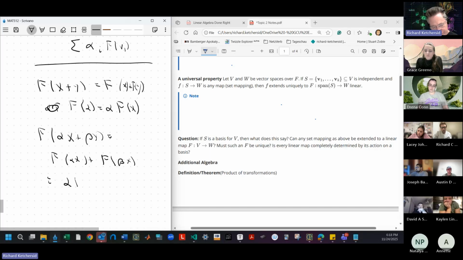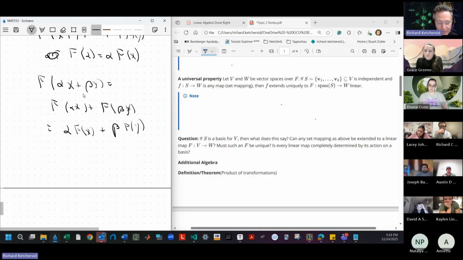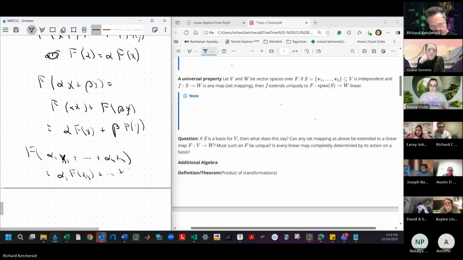And this is alpha f of x plus beta f of y, right? And there's nothing special about having two things here. If I have f of alpha 1 x1 plus dot dot dot plus alpha n xn, doing the same argument is going to give me alpha 1 f of x1, and so on.